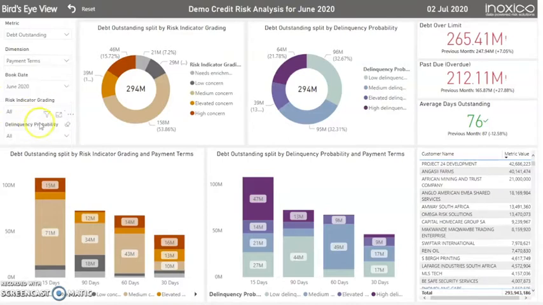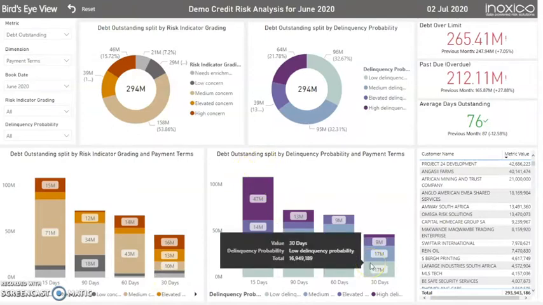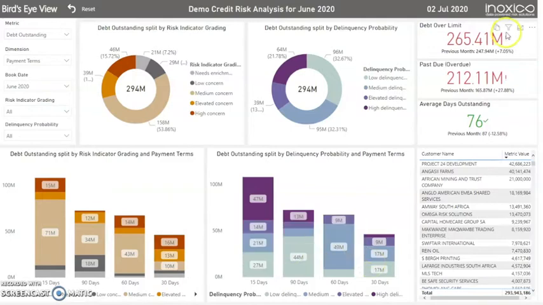Okay. So what we're looking at here at a high level is we're looking at risk categories within an aged bucket. And then we're looking at the delinquency probability in exactly the same way within an aged bucket. So on the top right hand side, at a snapshot at the end of the month, we would be able to show your debt over limit compared to previous month, your past due versus previous month, and then your average days outstanding and how are you performing versus the previous month.